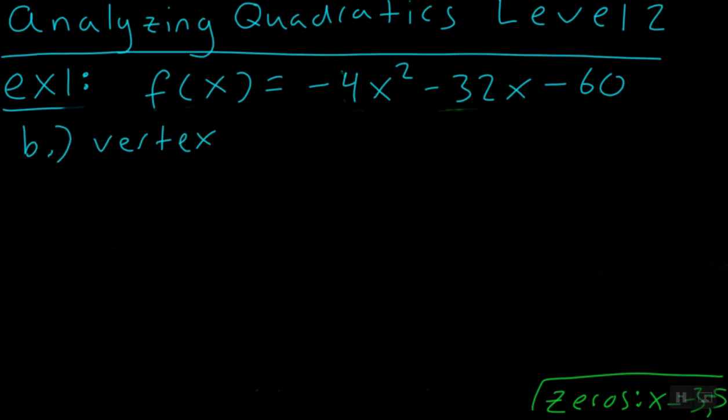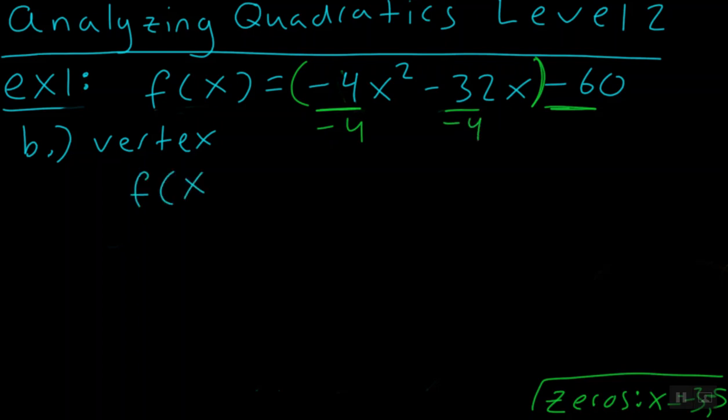Alright, here for part B, I want to go ahead and see if I can solve for the vertex. Well, this is a little bit trickier because we still want to separate out our x squared and our x term from our imperfect constant. However, now that a is not equal to 1, we know that we need to factor out that -4. So I'm going to factor out -4 from these first two parts.